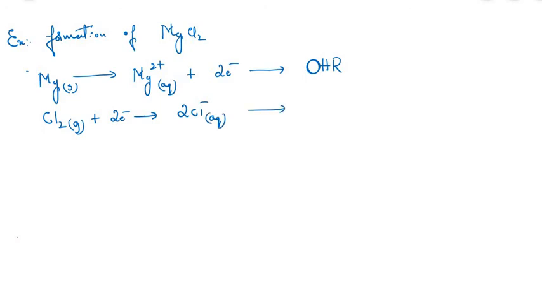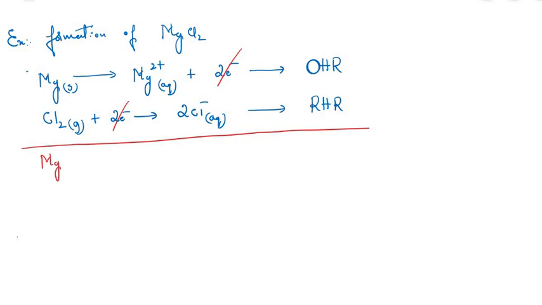Now this reaction is called the reduction half reaction, and we have to add these oxidation and reduction half reactions. These 2 electrons and these 2 electrons cancel, and what remains is Mg in solid state plus Cl2 in gaseous state, forming MgCl2 in solid state.